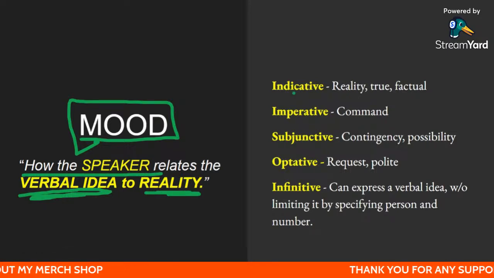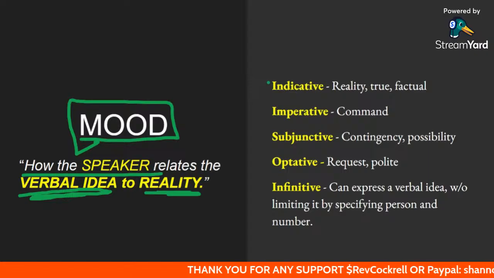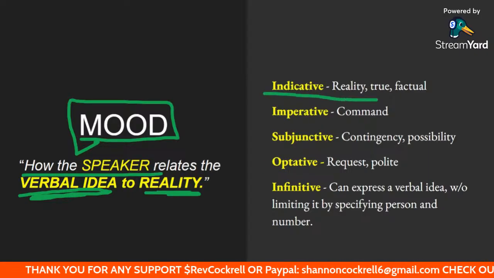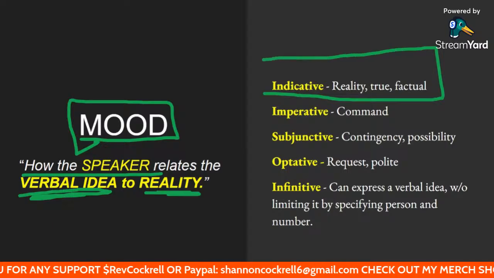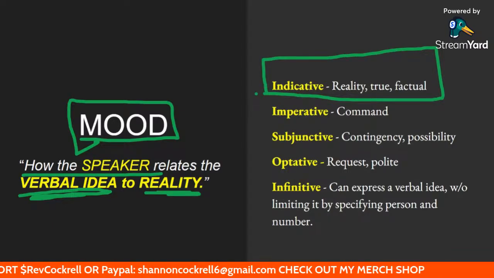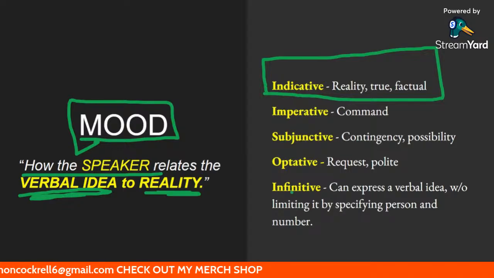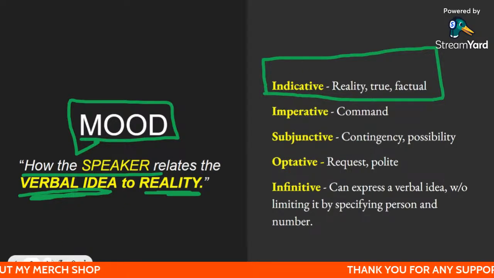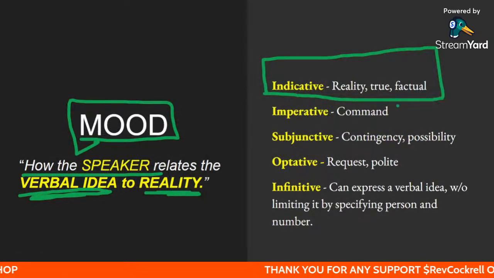We'll go over these more later. Right now, in the first couple of chapters, we're only going to focus on the indicative mood, and the others will come later. Indicative mood refers to reality, how true something is, factual.